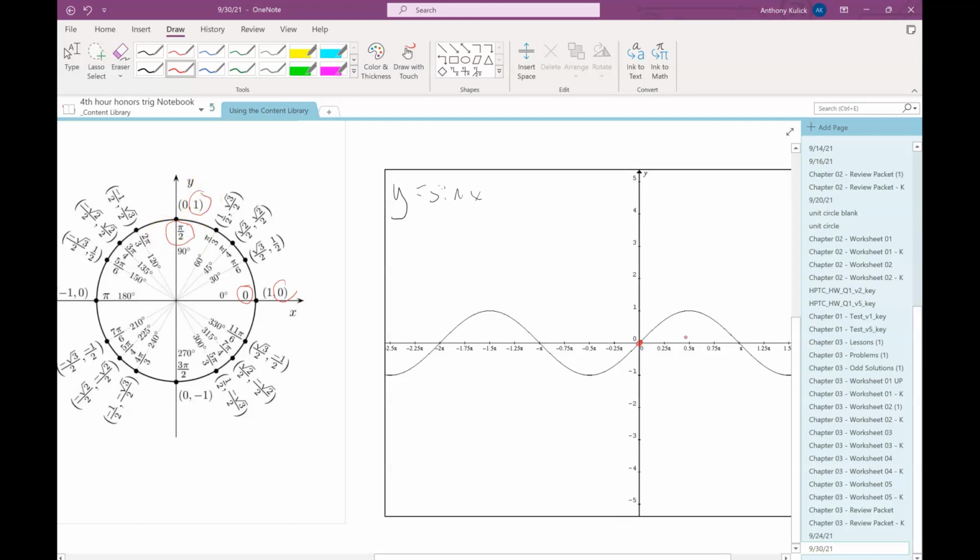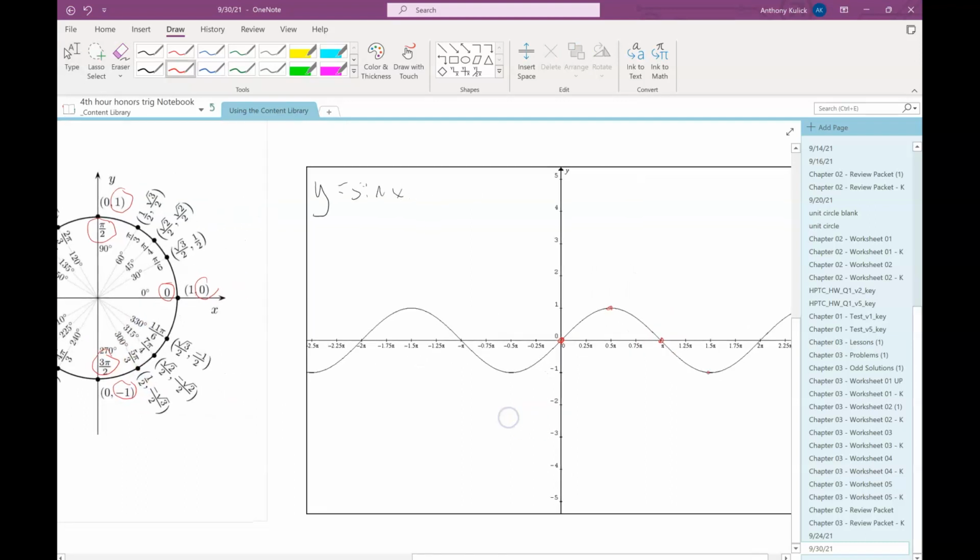Pi/2, 1 should be a point on my graph. Pi, 0 should be a point on my graph. 3pi/2, -1 should be a point on my graph. 2 pi, 0 should be a point on my graph, and I can keep going like that forever.